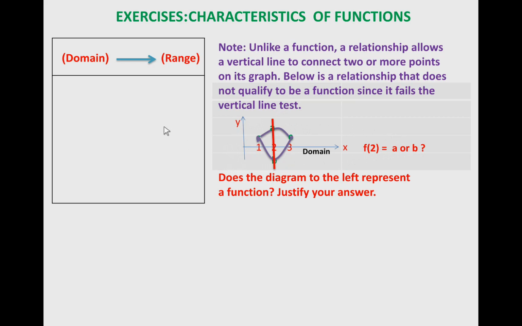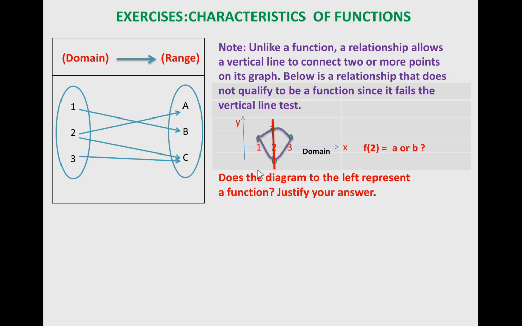Now, we want to look at a diagram on the left here and see if it represents a function, and if it is not, then we have to justify our answer. Here is a diagram. Does this diagram represent a function? Justify your answer. If we look, we can immediately spot the number 2, which is a member of the domain.